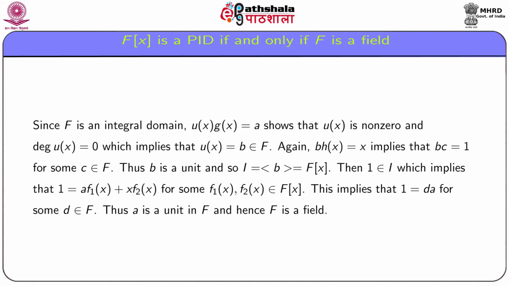Again, if we compare the constant terms of this identity, we get 1 as a multiple of a, that is a becomes a unit in F.